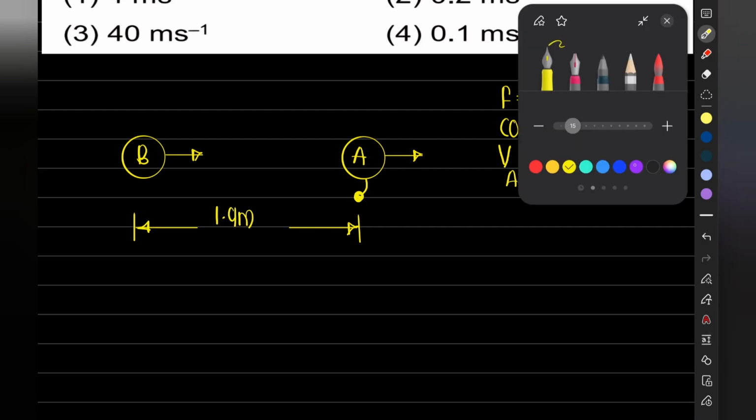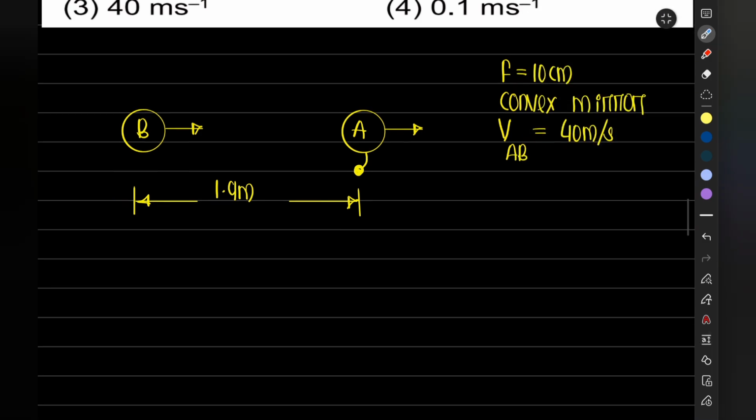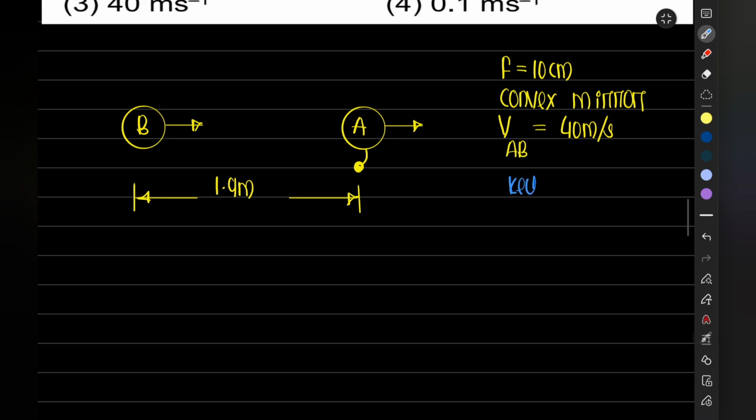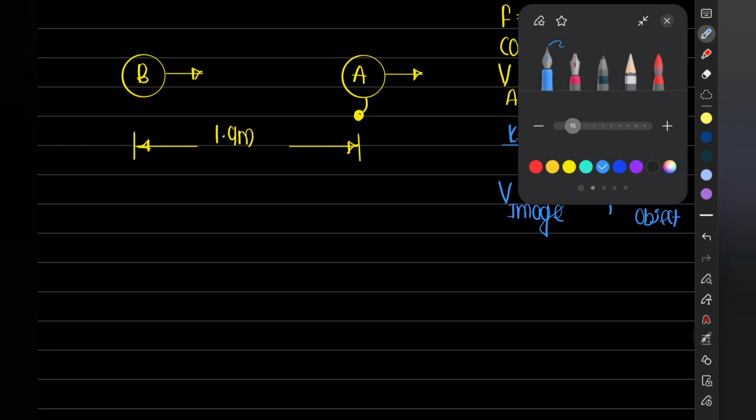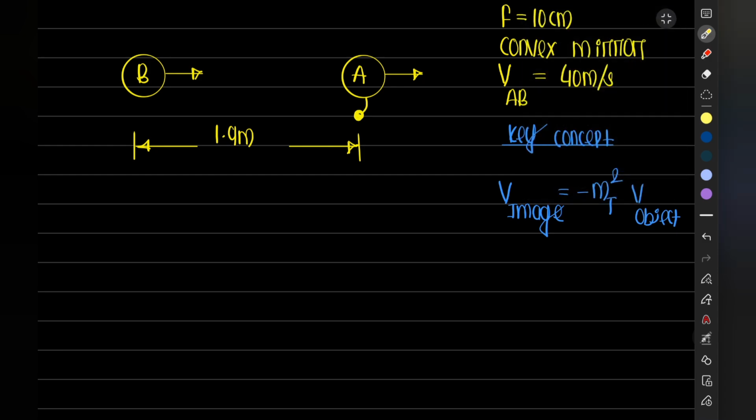Remember everyone, the key concept which we are going to use here is a formula: velocity of image is minus square of transverse magnification into velocity of object. Now we have the velocity of the object and we want to find the velocity of the image.